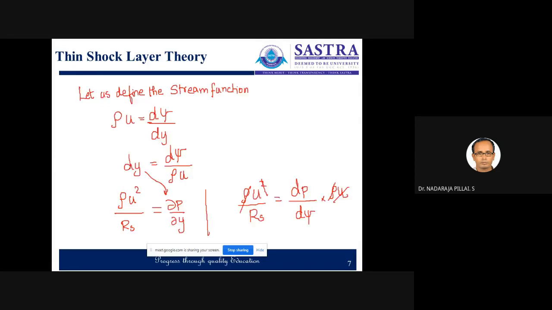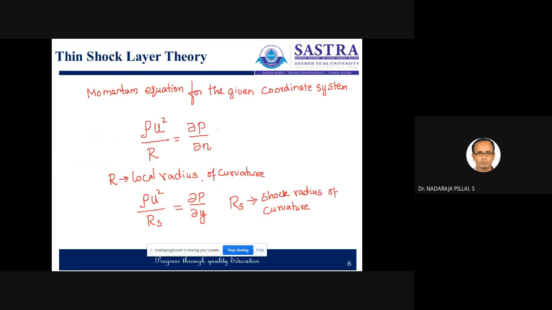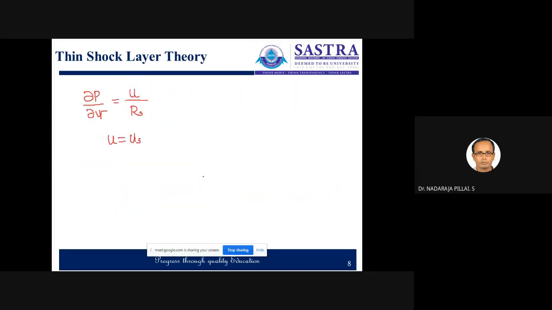And dou p by dou psi can be written as Us by Rs. So we can say that the streamlines are parallel to the shock. Finally, we can write the equation dou p by dou psi is equal to Us by Rs.